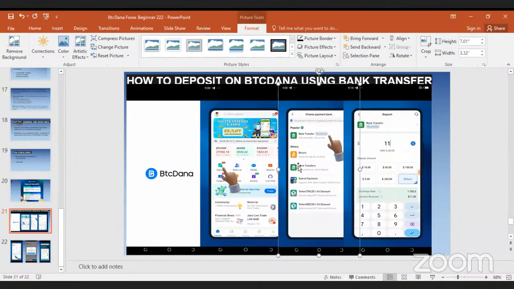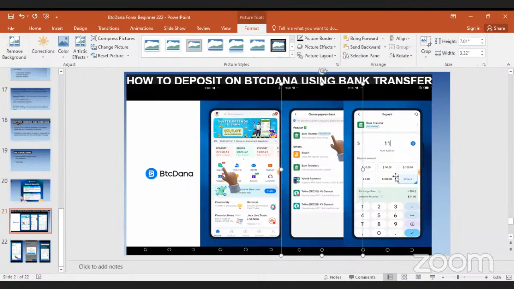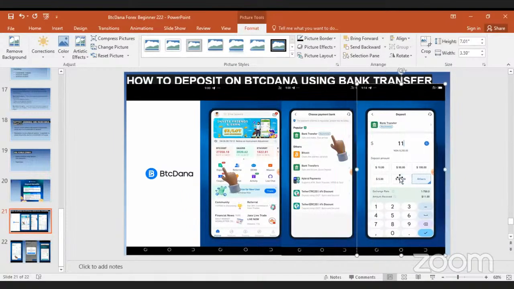When you get into your BtcDana app, you see this deposit, you click on it.